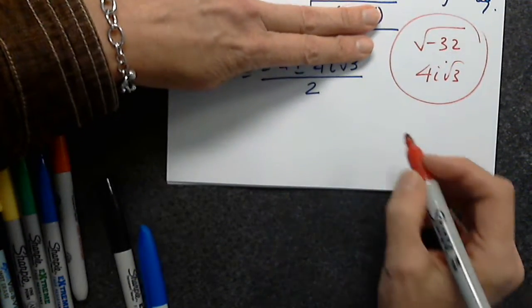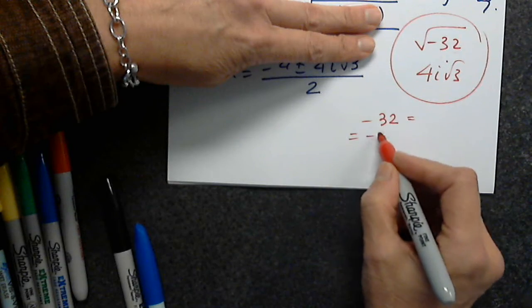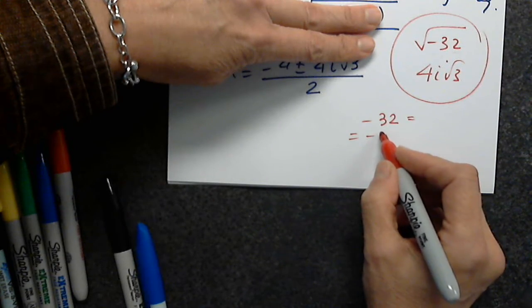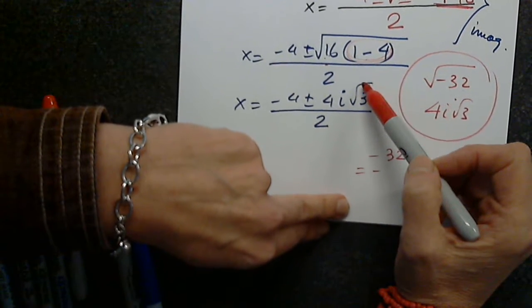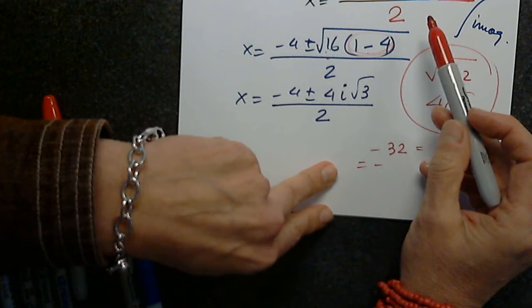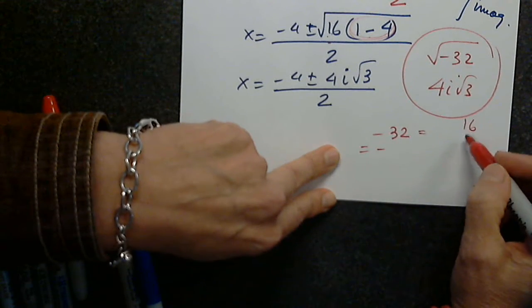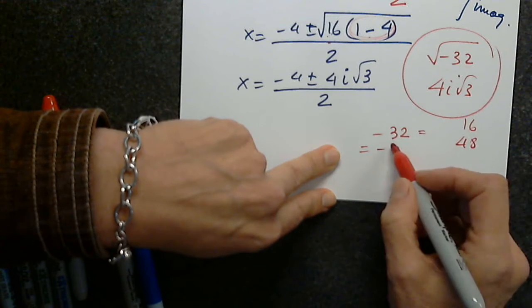Okay, so now here's what I do. -32 can be rewritten as negative. So it's 16 times 3. That's 48, right? And this is 32.